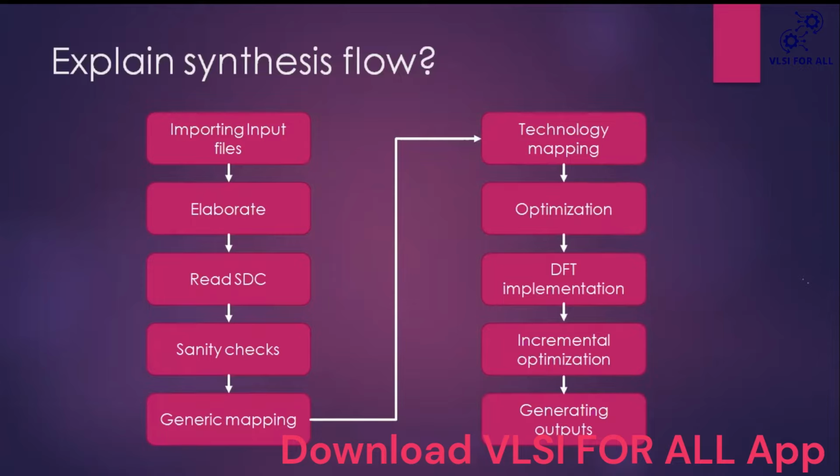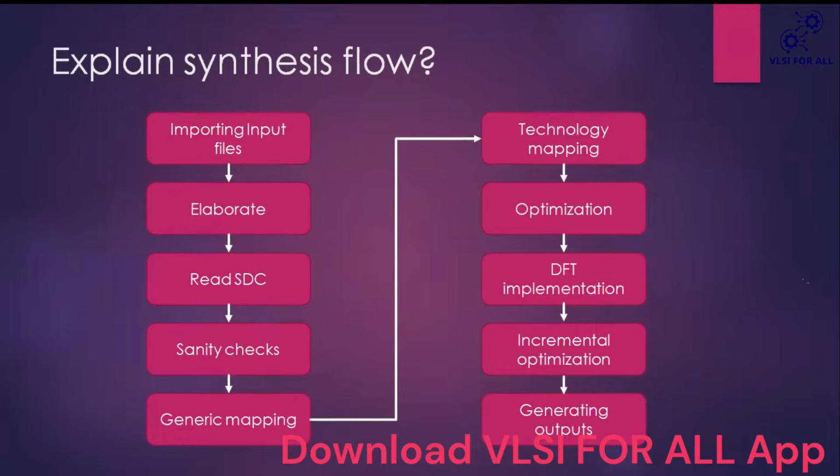First, in this flow we have to import all the required files into the tool. Important input files are the .lib file and the RTL code. These are the first and important files to start a design, to convert RTL code to gate level netlist.